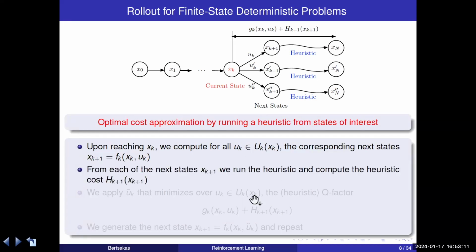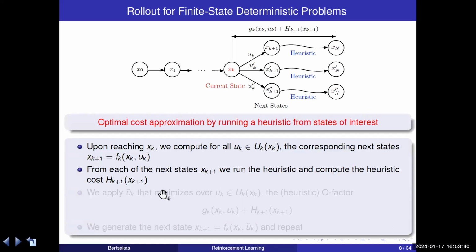However, instead of that, we run some heuristic that generates states from xk plus 1 to the end. And we take this cost, which we call Hk plus 1 of xk plus 1, the heuristic cost, and we take it as a substitute for the optimal cost. And this is our approximation. Our J tilde is this H here, generated by some heuristic.